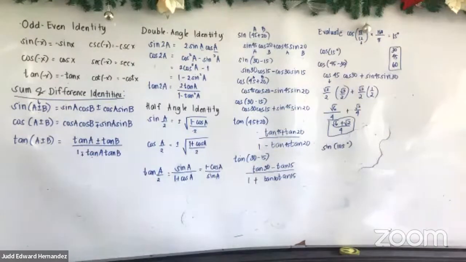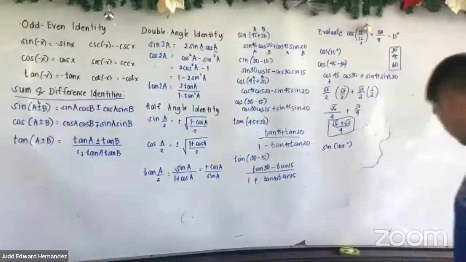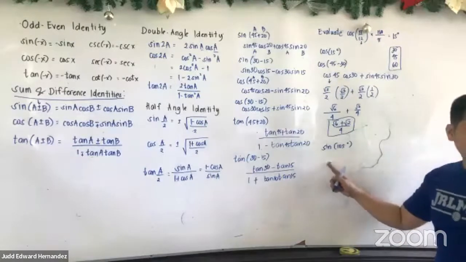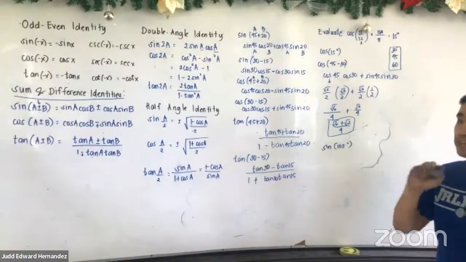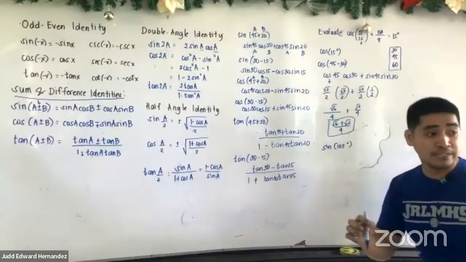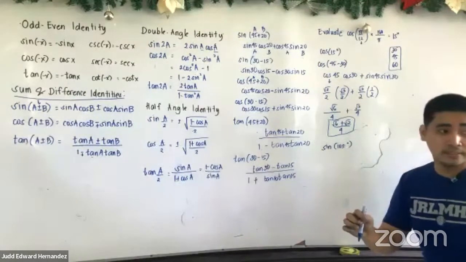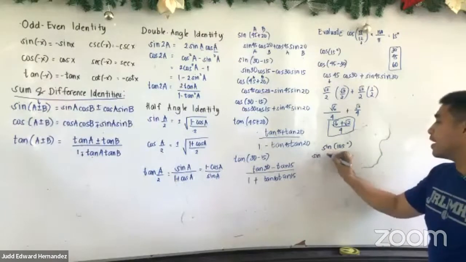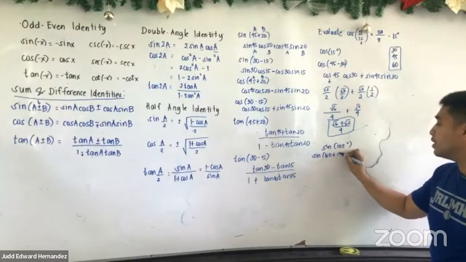Okay, let's now answer. Sine 105 degrees. What two special angles that when added or subtracted will result to 105 degrees? 60 and 45. Therefore, it becomes sine 60 plus 45.